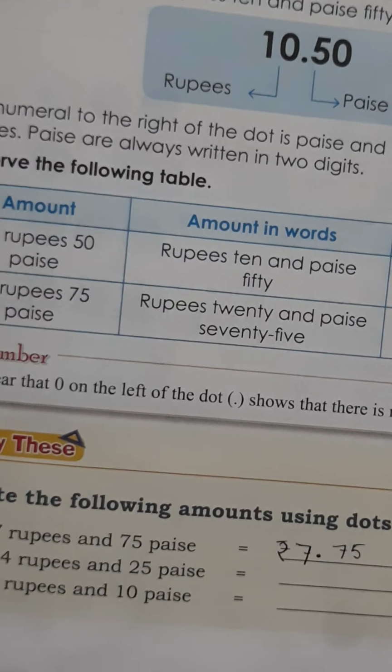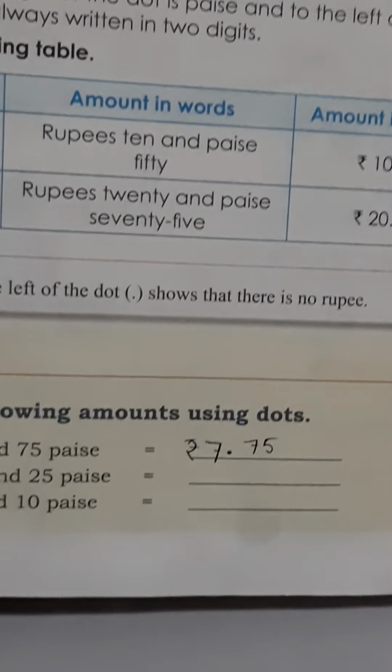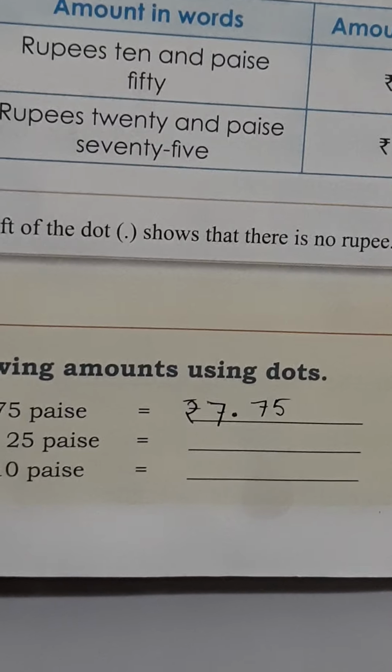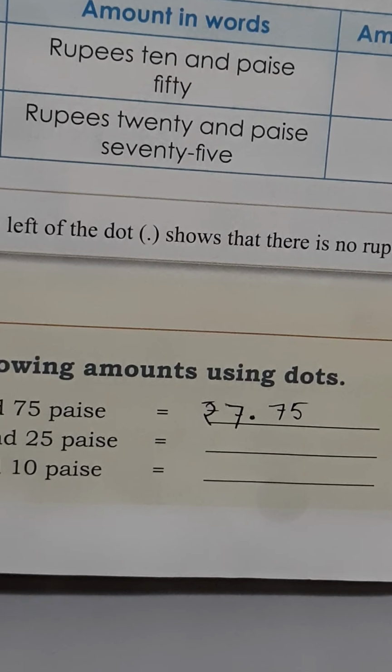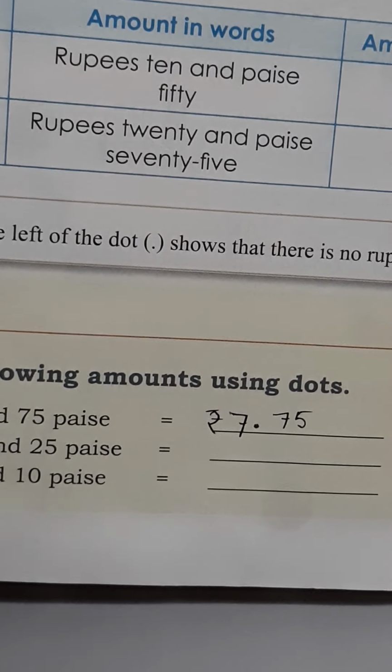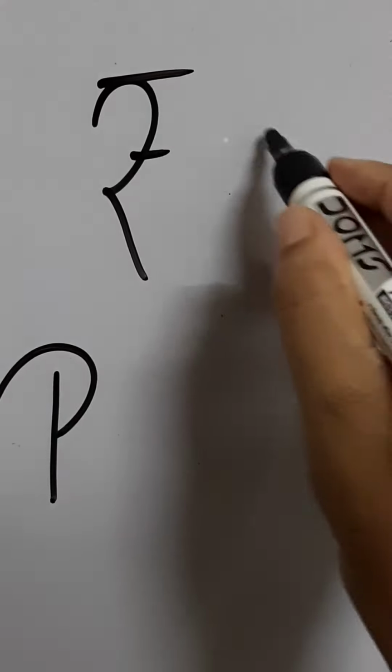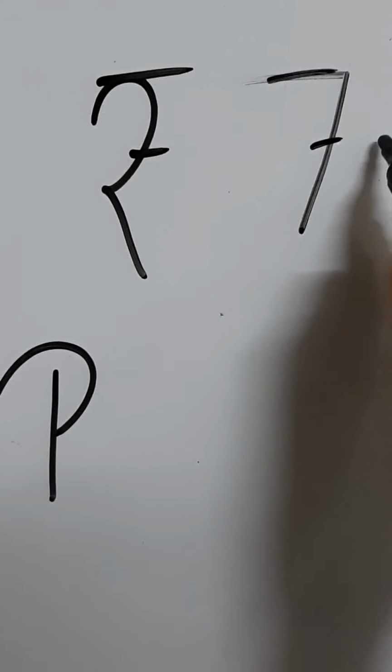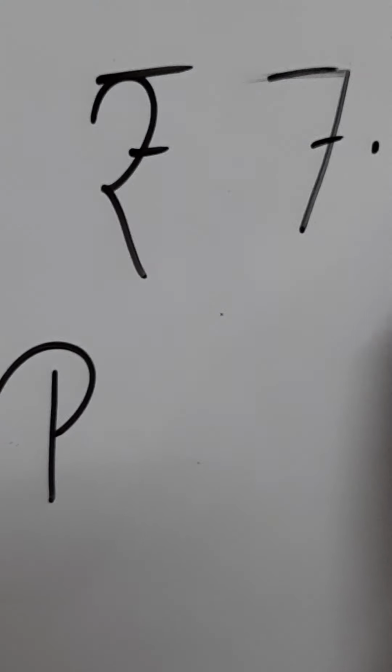First you see that first rupee symbol, then after that 7.75. I will show you on the board. Just see the board. I will write it down on the board. So 7.75. Okay.